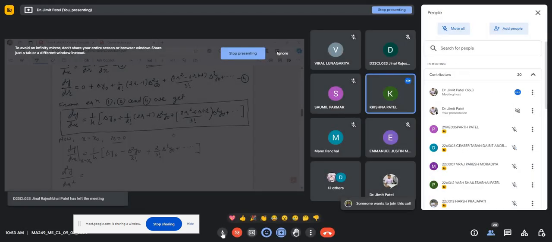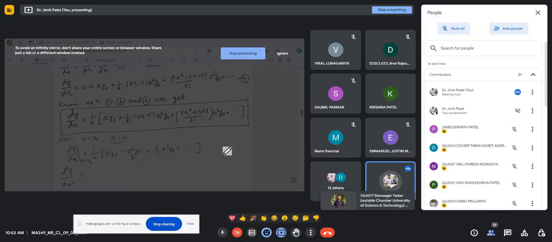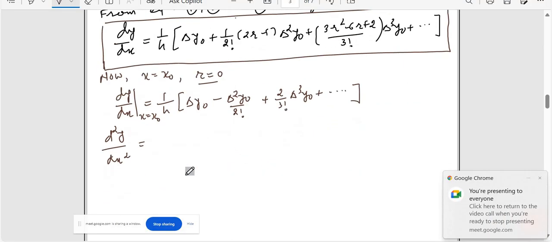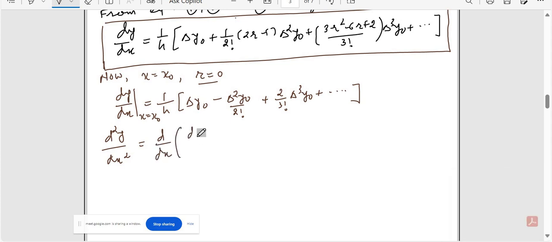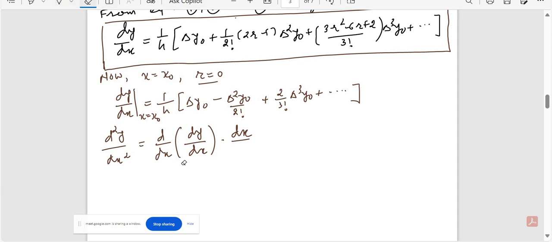Okay, sir. Now I am discussing the second derivative. You can see the derivative, that means d by dx, and the second derivative will be found in this way: d by dx of dy by dx. Sorry, not in this way, my mistake. This will be d by dr of this one into dr by dx.